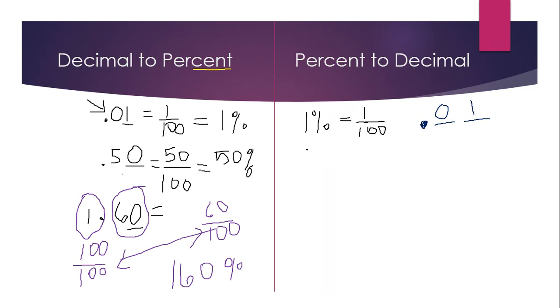Okay, let's continue. If I have, let's say, 50%, I'm starting off with that. How do I make this into a decimal? It's the same exact way of thinking. Percent is a special fraction out of 100. So then I know that this is 50 hundredths.